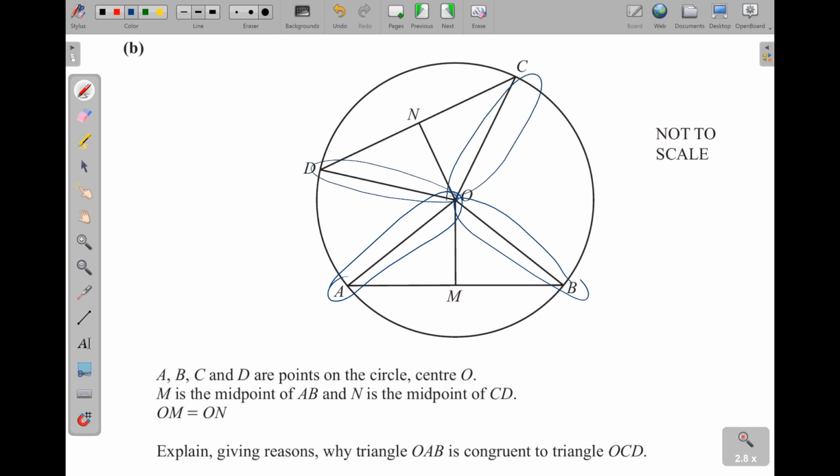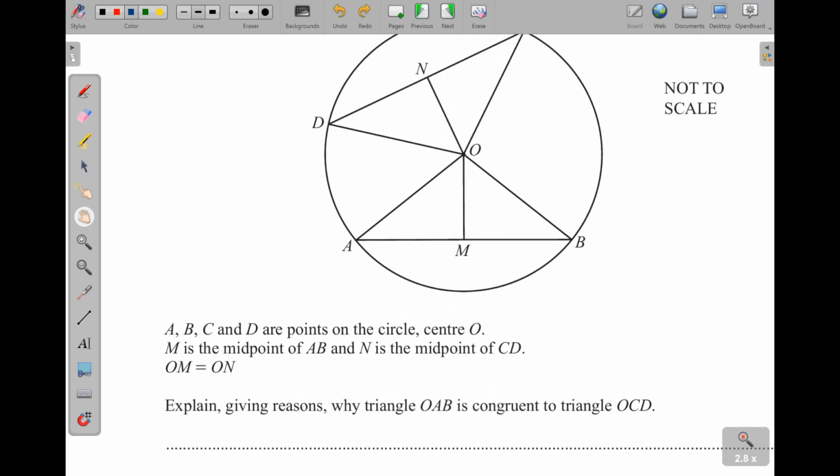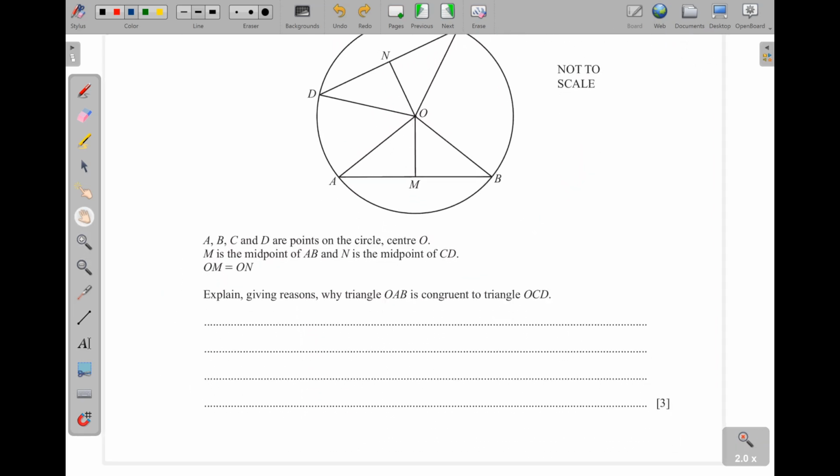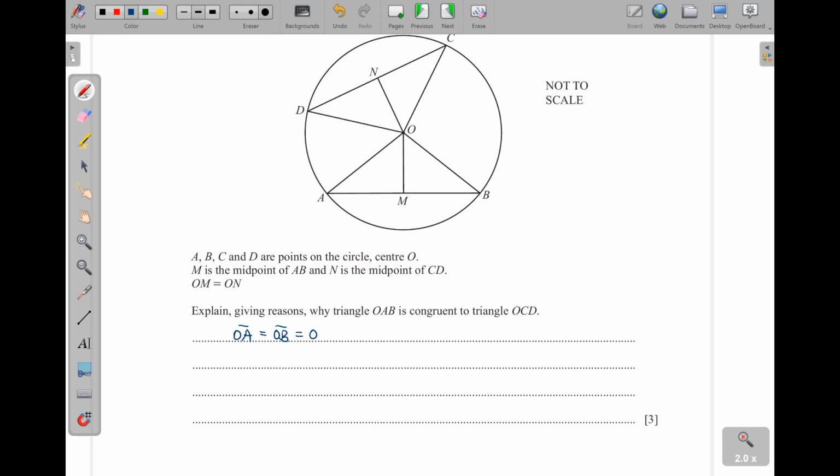OC is a radius. So I will begin from there. I will look at all the sides. Are they equal? So I'm going to write here that OA is equal to OB is equal to OC and then OD, which is actually the radius of the circle.